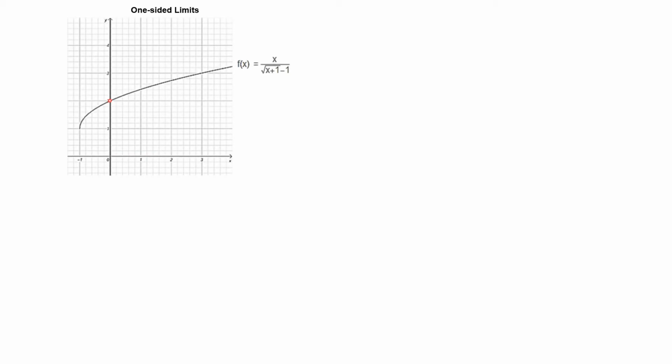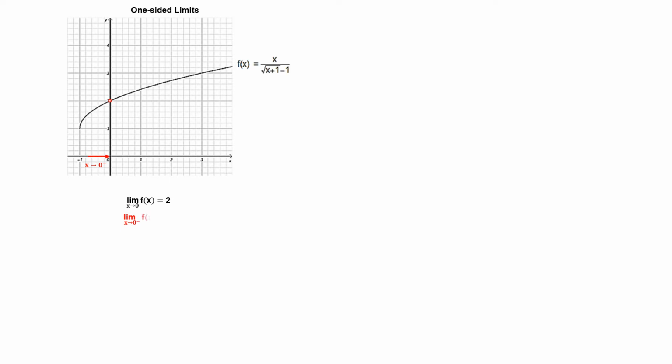Now we consider a function with a defined limit. The limit of f of x when x approaches 0 is 2. One-sided limits work like regular limits, except that x approaches the x number from just the left or just the right. To indicate a one-sided limit, you put a superscript subtraction sign on the x number when x approaches the x number from the left, or a superscript addition sign when x approaches it from the right.